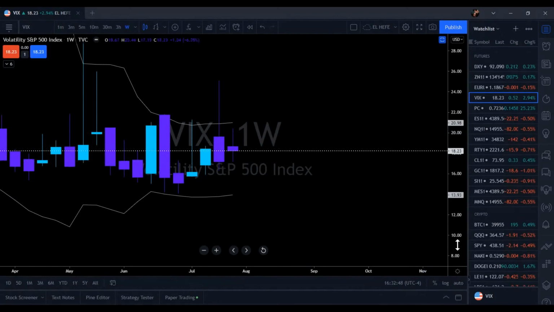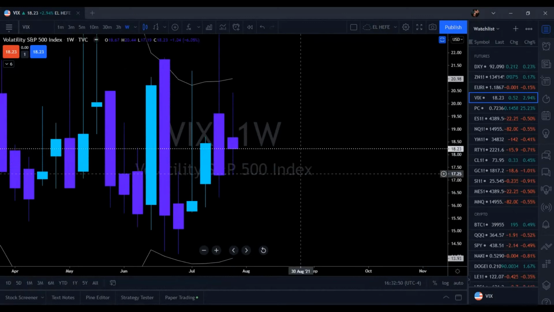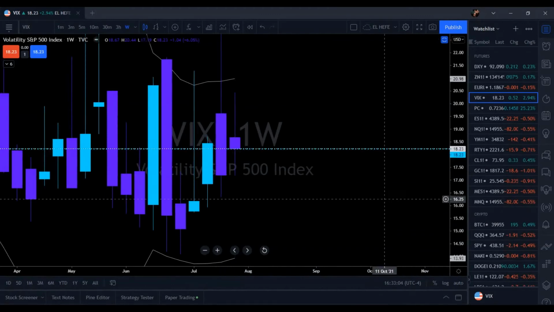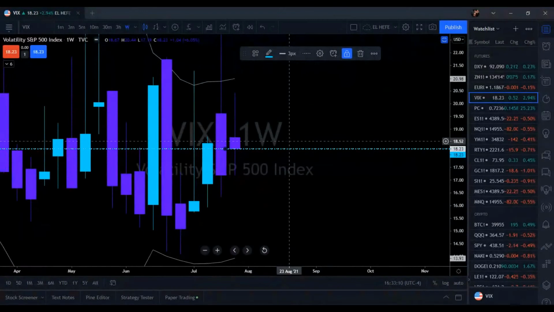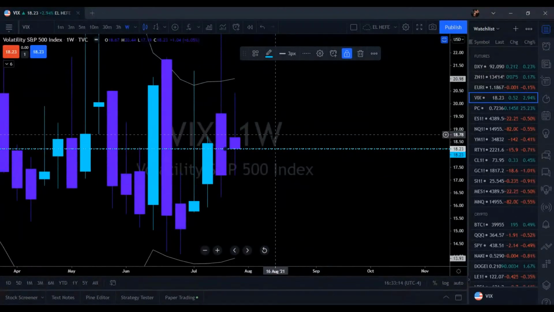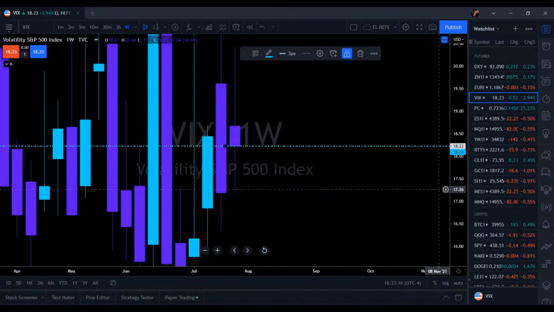So today, if I'm mapping out levels for tomorrow, I'm going to use the close of this week, which would be 1823. So I'll put a line right there. That's my close. And I'll wait for the open, and when the open hits, I'll put another line at the open, and that'll be my weekly range that I'm looking at.